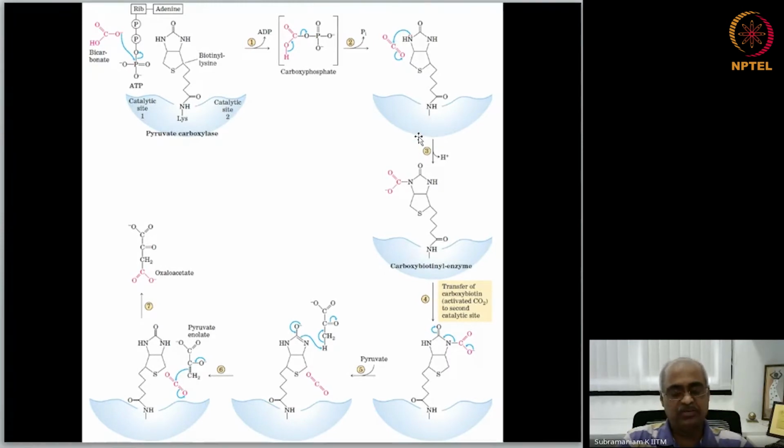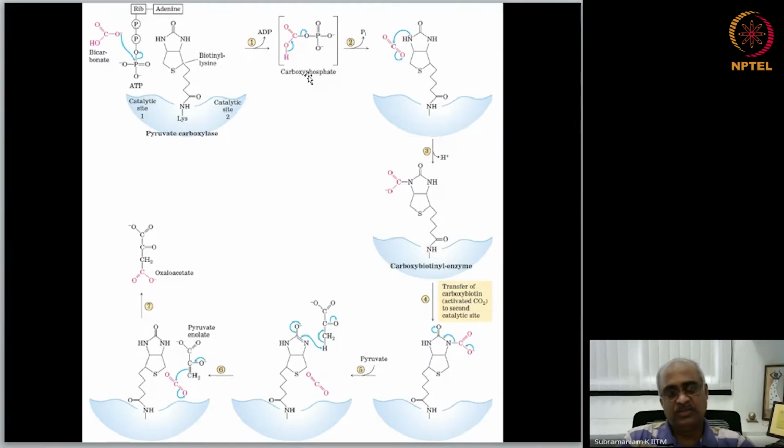So the mechanism is shown here, which is the same slide that I showed you when we learned about anaplerotic reactions and gluconeogenesis when we were learning the TCA cycle. So here you have this bicarbonate ion becoming an anhydride with this terminal phosphate group of ATP, forming this carboxyphosphate, releasing ADP.